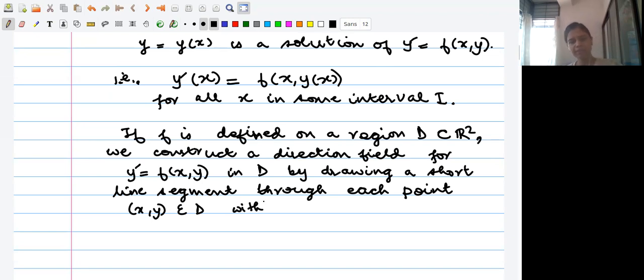I have given you the base point and I have to tell you the direction, right? With slope at the point (x, y) given by f(x, y), correct?